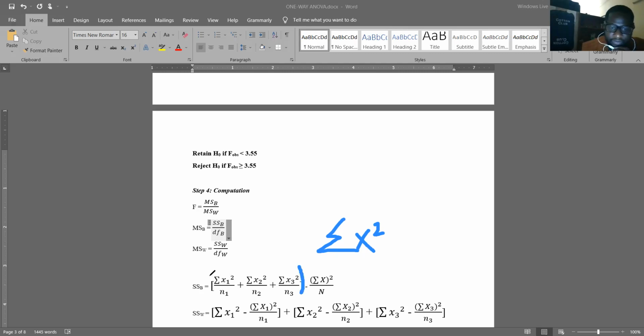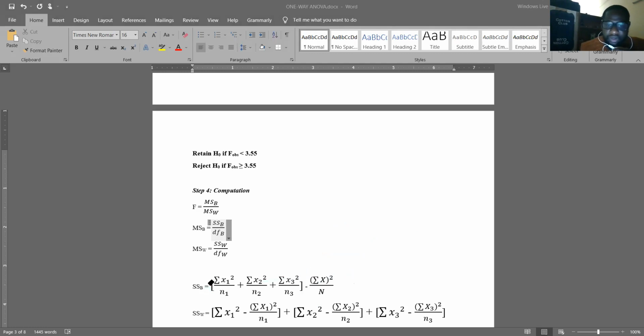This formula here, the one in the first bracket, that's what they are telling you to do. Solve sigma x squared for group 1, 2, and 3. And you know how to solve them. So I'll delve more into the next notation here, the sigma x all squared over n. We'll talk about it later.